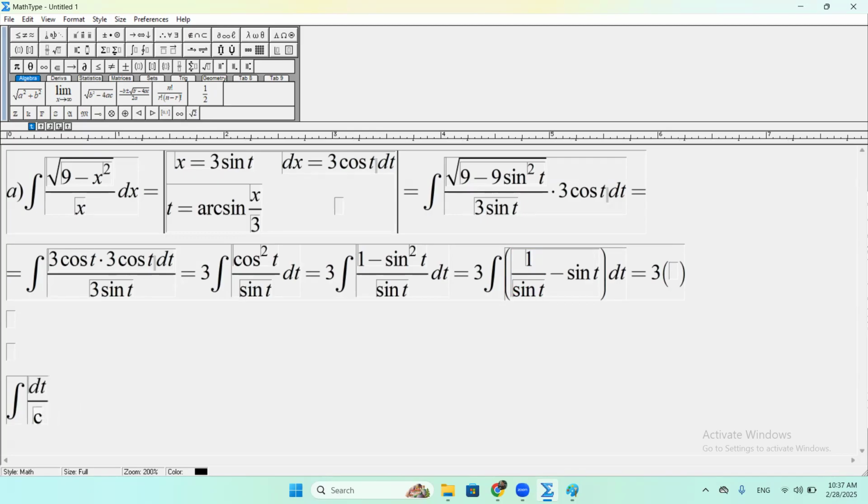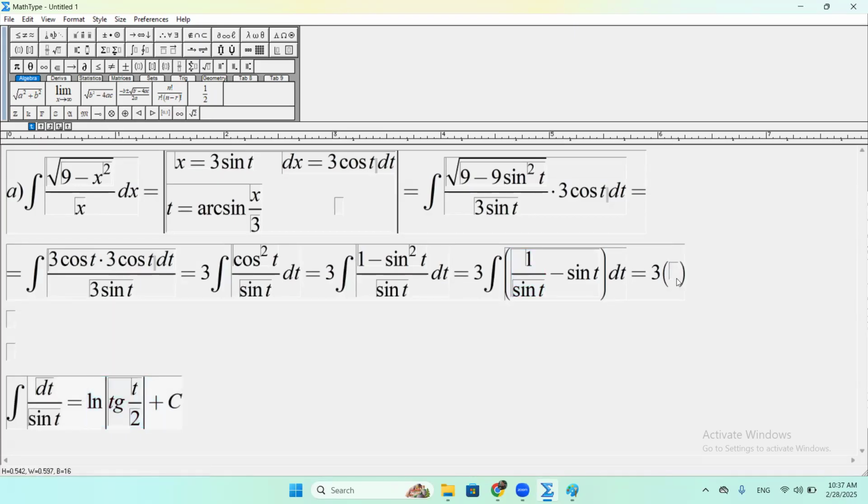The integral of dt over sine of t equals the following expression: logarithm of tangent of t over 2 plus c. So we have such an integral, and t here in our case.